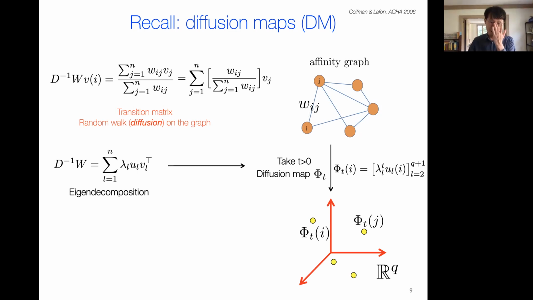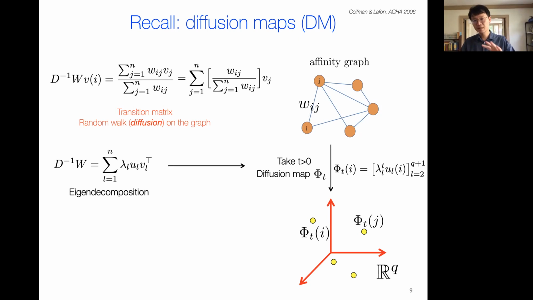Okay, so on the right-hand side, you can see the phi t of i. What we do is we map the i-th point, xi, into a q-dimensional space by using the i-th entry of the eigenvectors multiplied by the associated eigenvalues raised to power t, where t is the diffusion time.